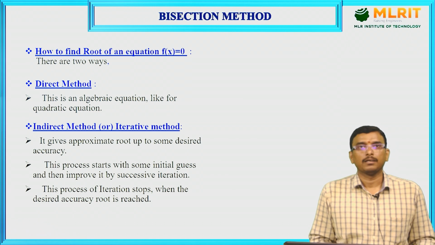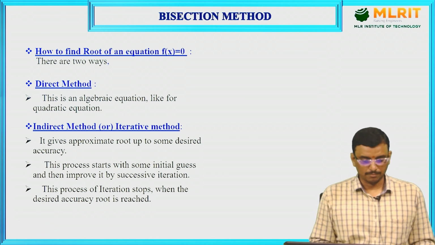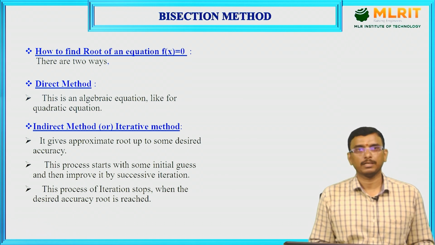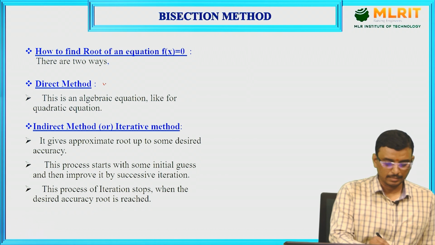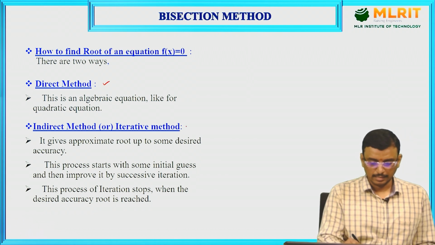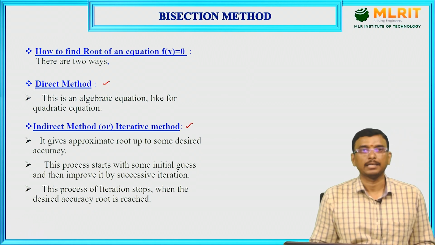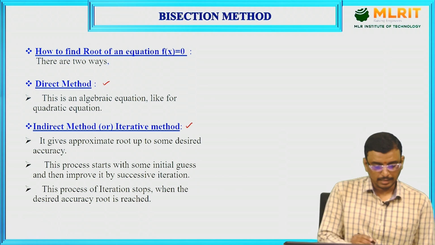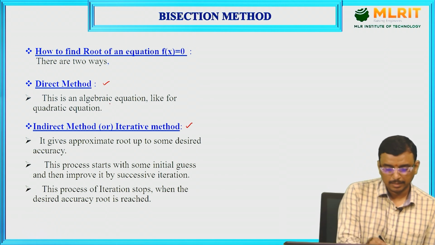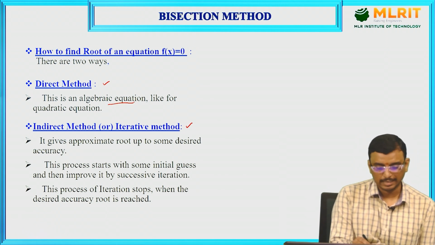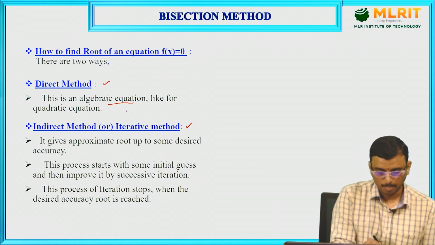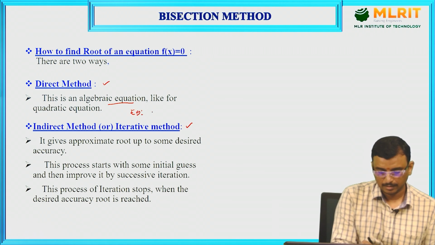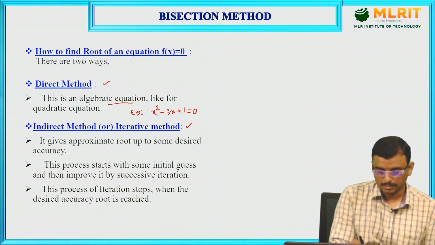How to find the root of an equation f of x is equal to 0? There are two ways. One is the direct method and the other one is the indirect method, or iterative method. The direct method applies to an algebraic equation like a quadratic equation. For example, x square minus 3x plus 1 is equal to 0.